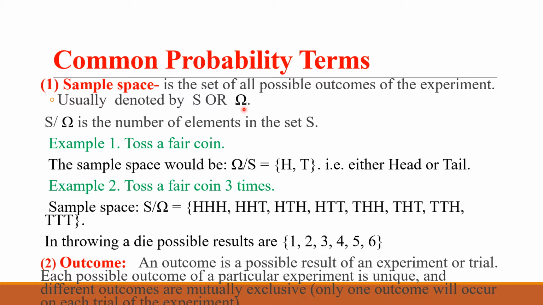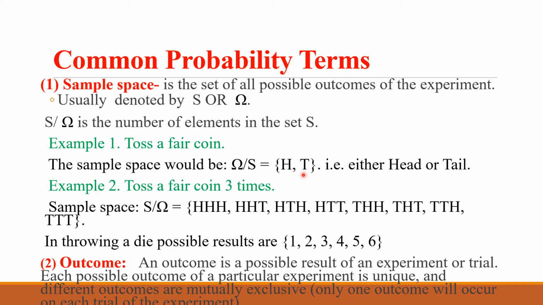Now, a sample space is the set of the elements in S. So if say you're tossing a coin, then we expect that the trial or the experiment is a fair trial, then you expect that it will come out as a head or a tail.